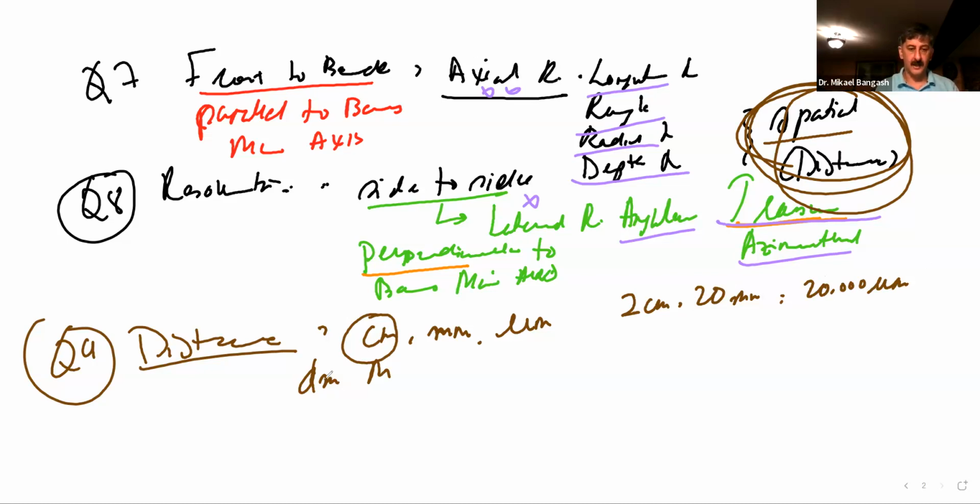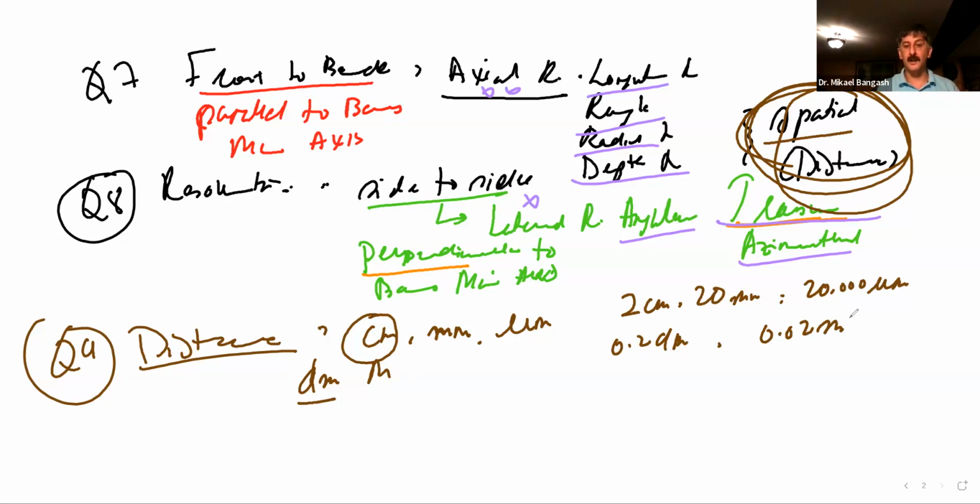And if you express 2 centimeters in decimeters, that's going to be 0.2 decimeters, or that 2 centimeters is equal to 0.02 meters, and so on.